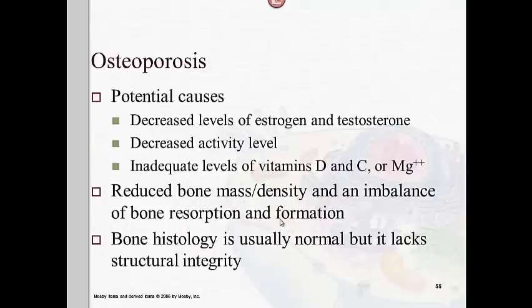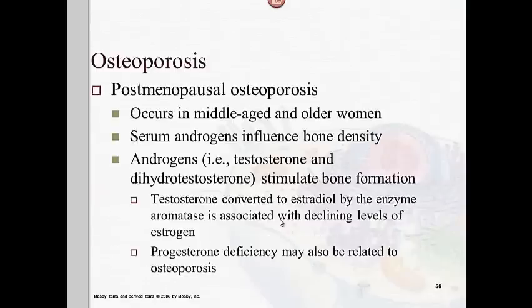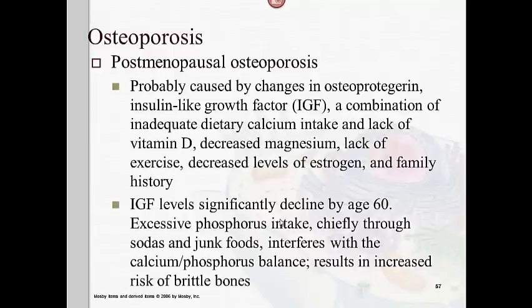We already discussed the potential causes and the risk factors. We discussed that patients that have alterations with androgens and testosterone or progesterone, the sex steroids that also participate in the formation of bone, could have osteoporosis.